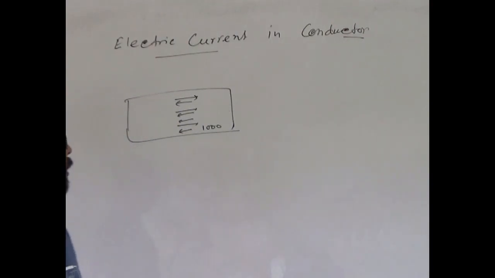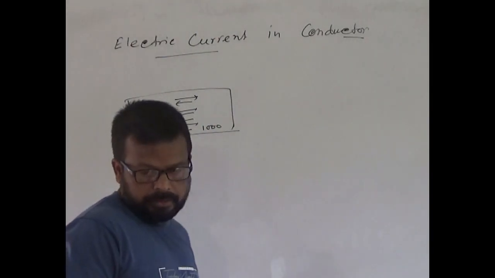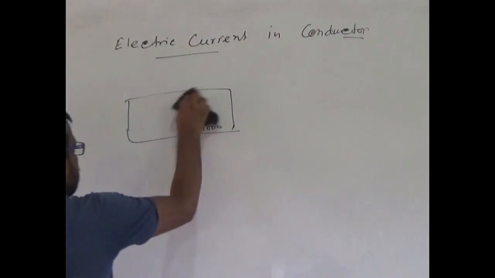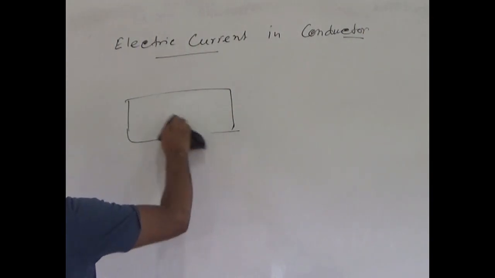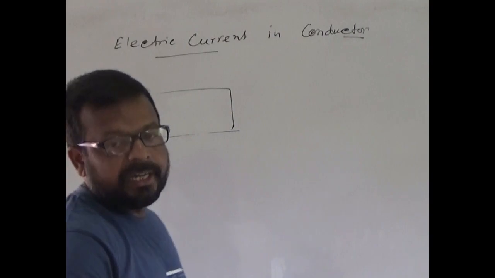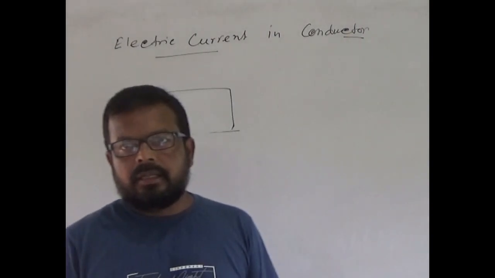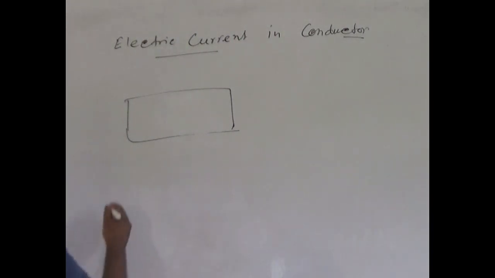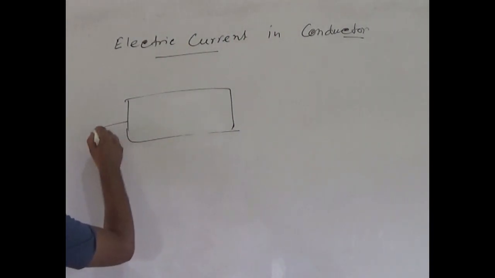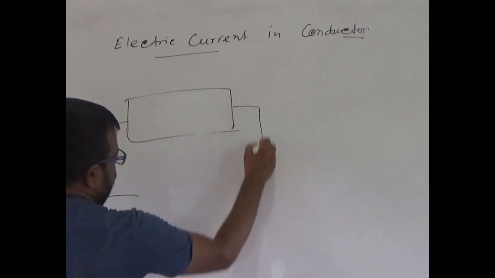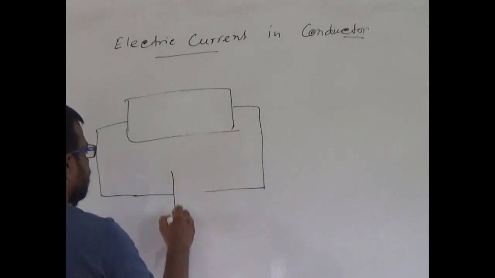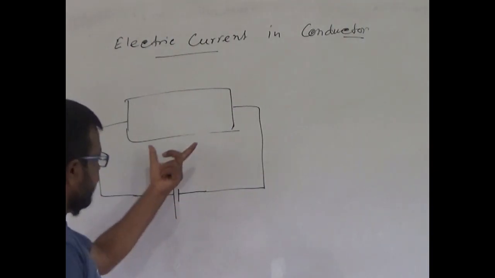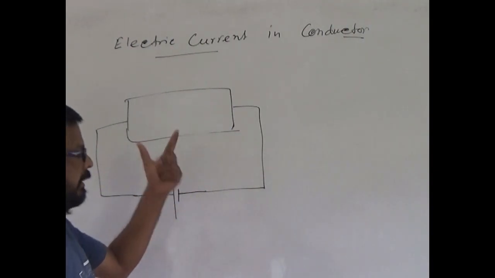Now let us discuss what happens when this metal is placed in an electric field. That means, let us say an electric field is applied across this material by providing a cell or a potential difference across the material.